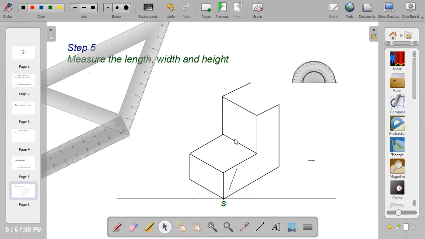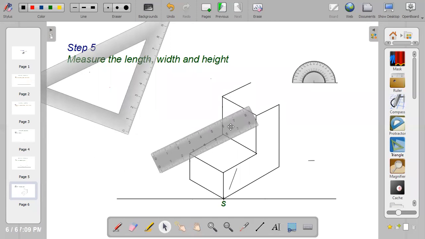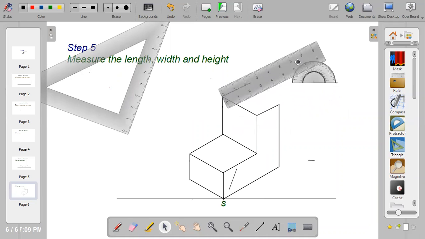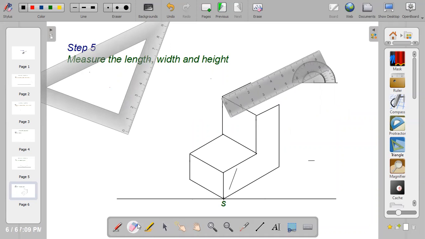Since I have two equal lines, this is 20 and this is also 20, but I can confirm this line to be sure it's 20. Yes, it is 20, and this is also, no, this is more than 20. Erase 5 millimeters from the line to be able to get 20.